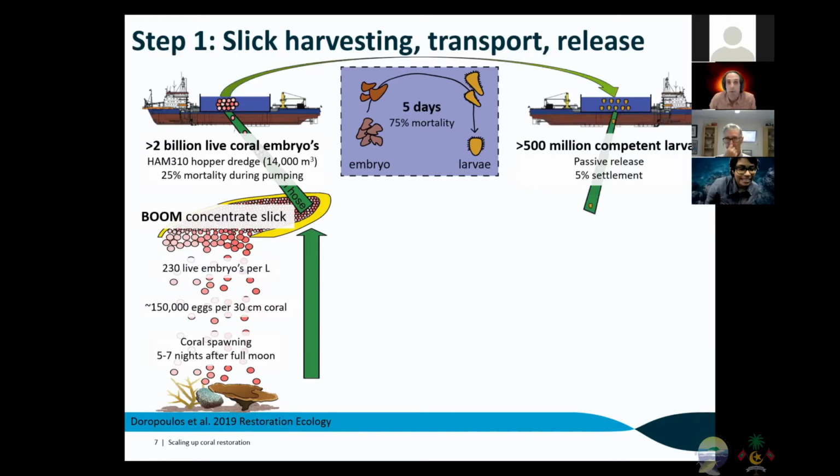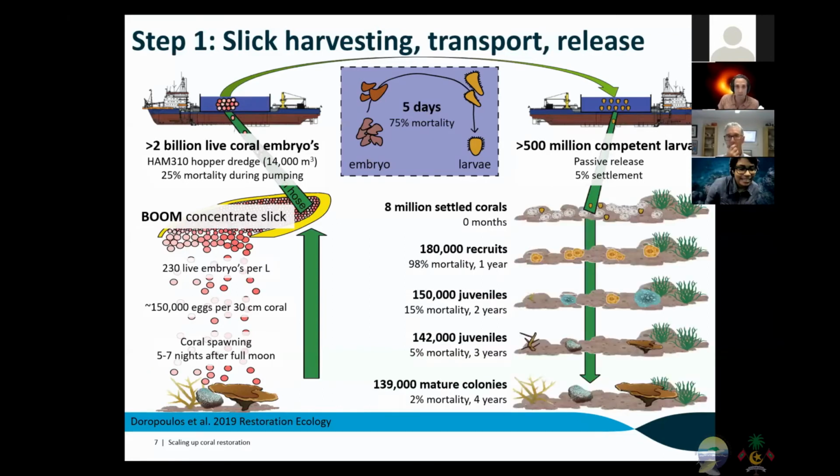So following those 5 days, the model shows about 500 million competent larvae that could then be released back onto a reef, which would give us 8 million settled corals, which equates to about 140,000 mature coral colonies 4 years later.